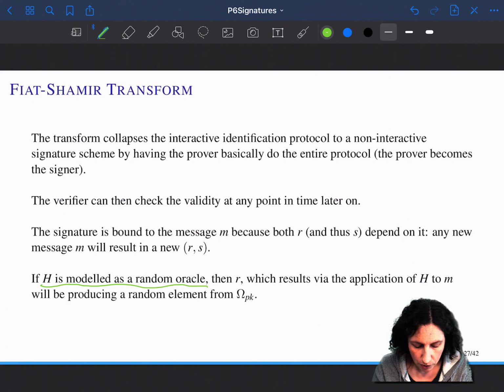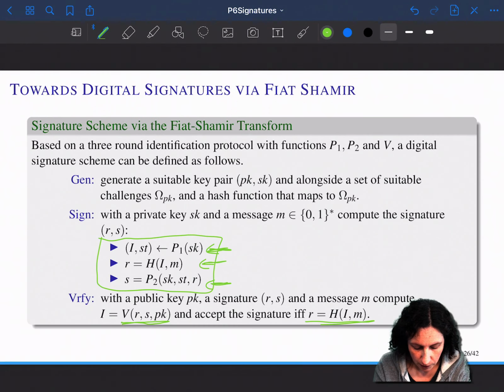Now, you could wonder, does this Fiat-Shamir transform really securely bind the values R and S, which eventually constitute the signature, to a message? If we go back and have a look, what you'll see here is that R depends on M, so it's bound to it via the hash function.